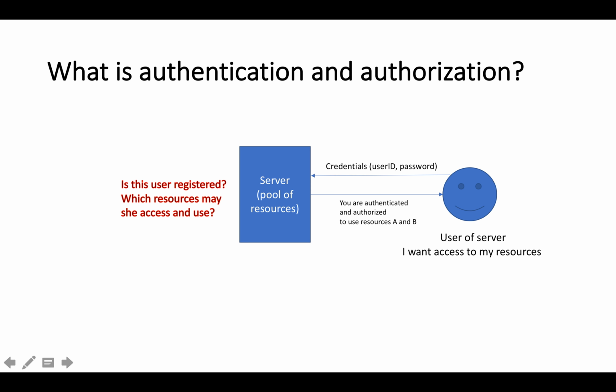Now that the person is authenticated, the next question to answer is what resources is he allowed to consume? So after checking, the server responds that resource A and B can be consumed by this guy.